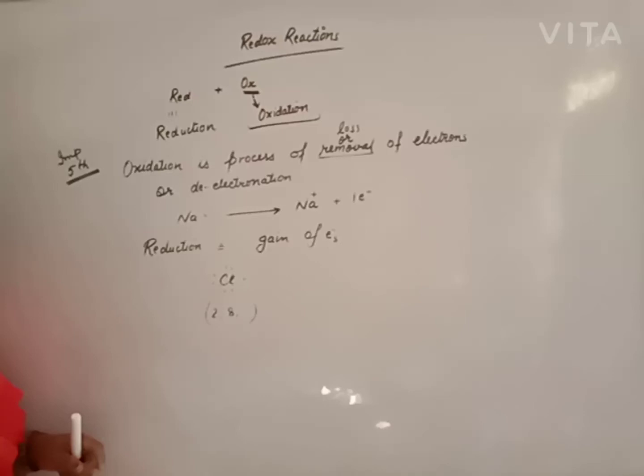For example, beta, carbon is burned in air. Air means oxygen. From the air, carbon burns with oxygen and gives carbon dioxide. From where does the oxygen come? From air.